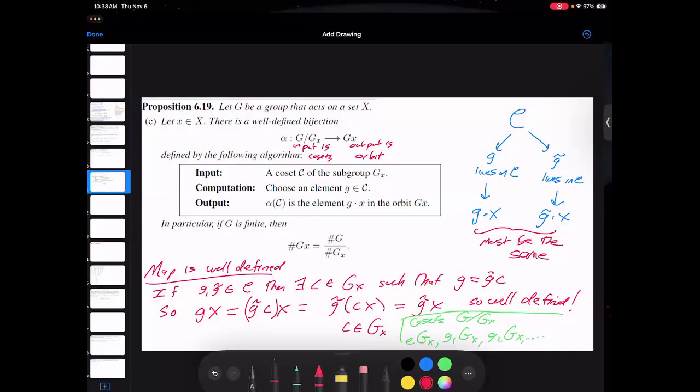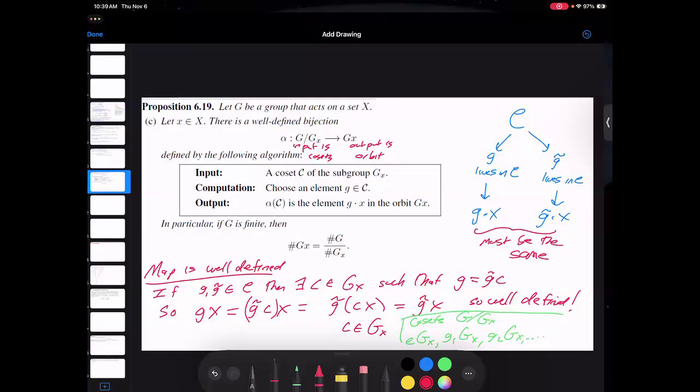And what it's saying is, if you give me a coset, I can tell you how I want to define this. That's my map alpha. I'm going to define what it does to a coset by saying, choose anything in that coset, choose any g in that coset, and I'm going to define my function on the coset to be g acting on X, where g was a randomly chosen element in the coset.